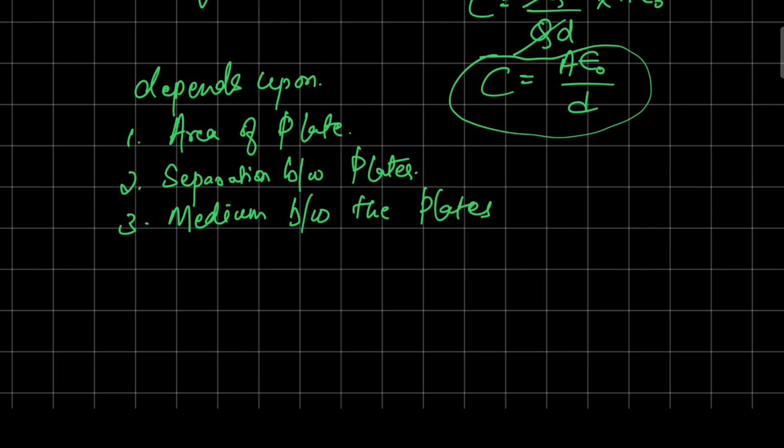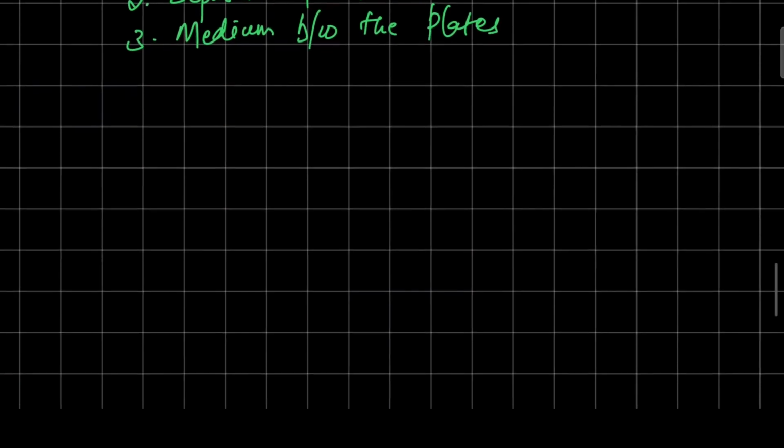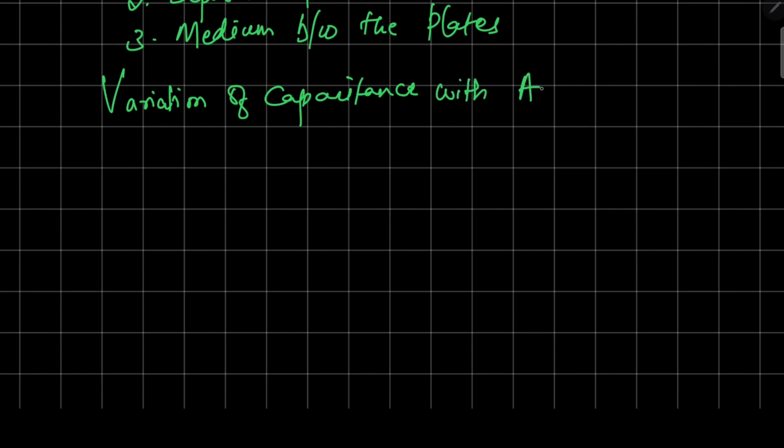So these are the three things that we have to focus on, and after that we can show the variation of capacitance with area as well as separation. Next is the variation of capacitance with A and D, area and separation.